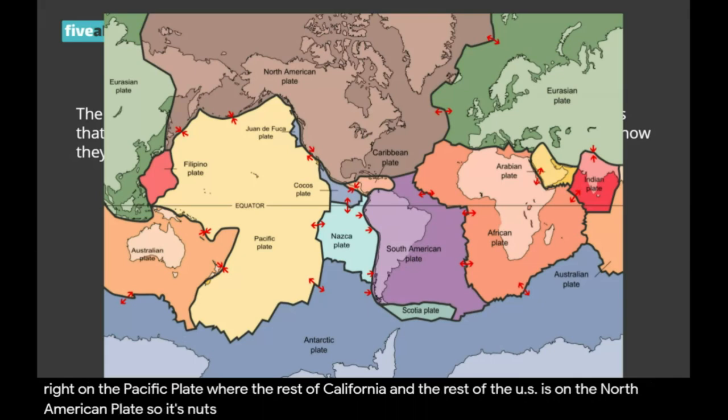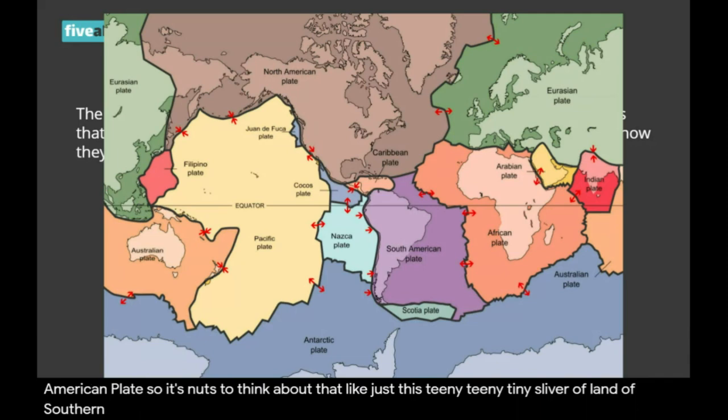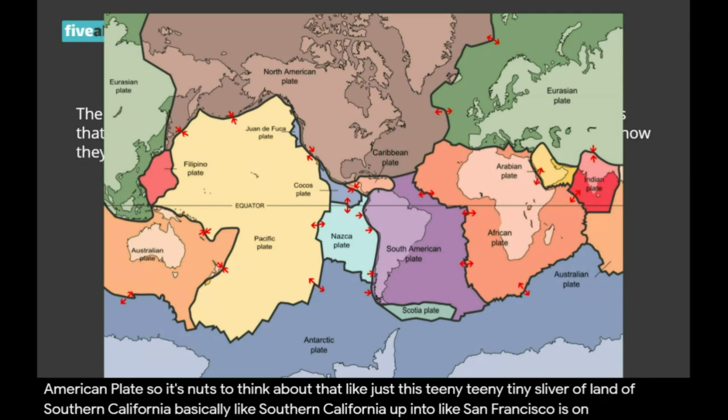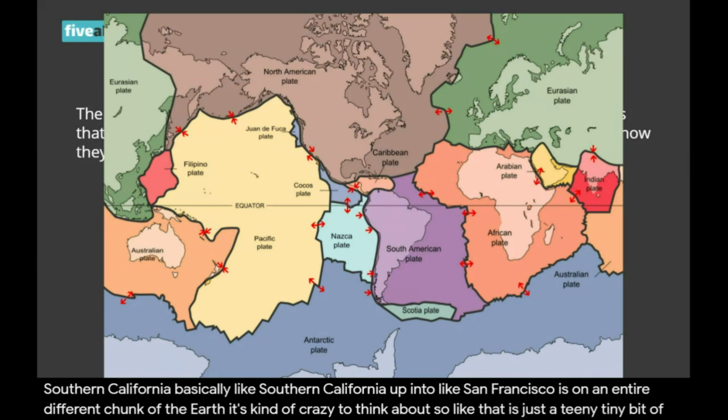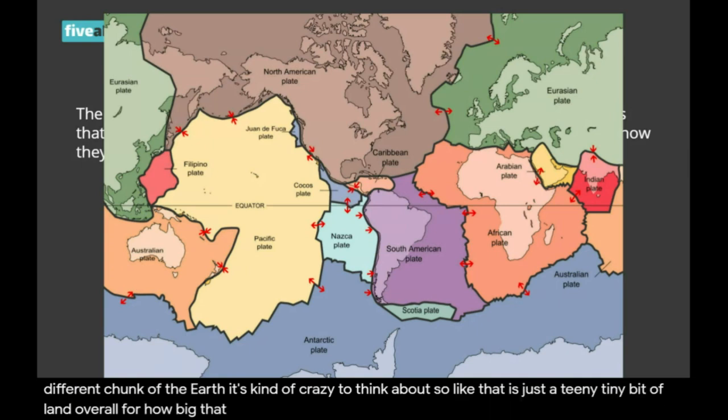So it's nuts to think about that just this teeny tiny sliver of land, basically Southern California up into like San Francisco, is on an entirely different chunk of the Earth. It's kind of crazy to think about. That is just a teeny tiny bit of land overall for how big that plate is, but we're living on where those two plates crash into each other.